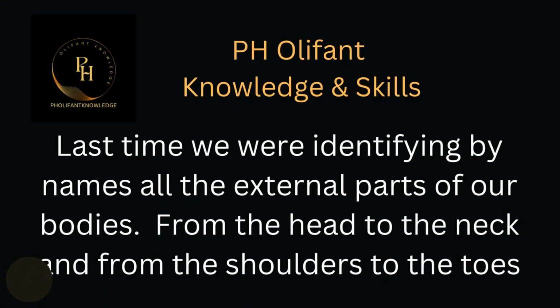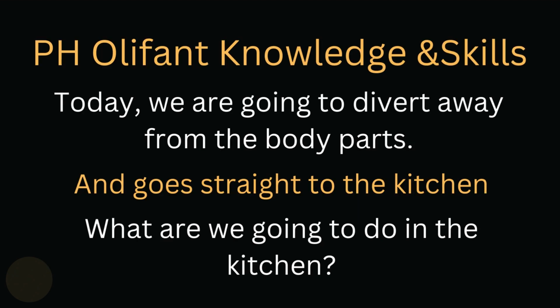Last time we were identifying by names all the external parts of our bodies, from the head to the neck, and from the shoulders to the toes. All right. So today we are going to divert away from the body parts and go straight to the kitchen.